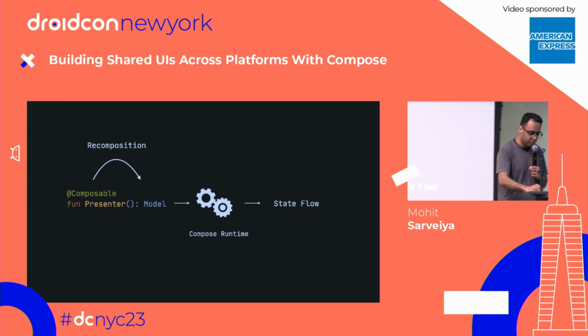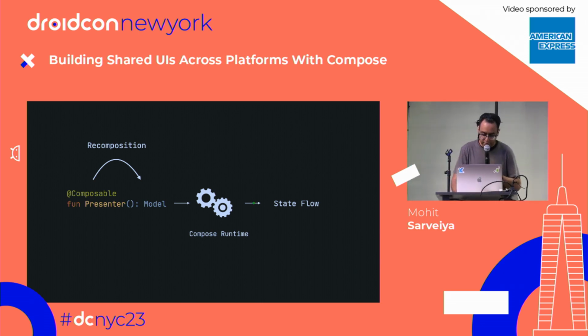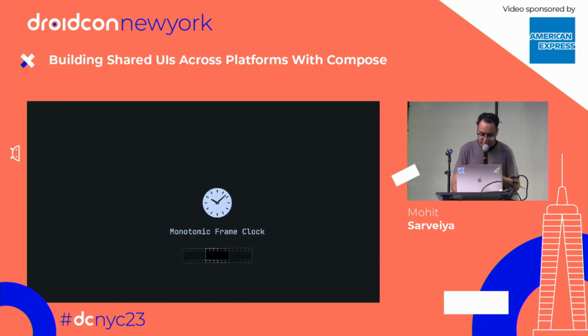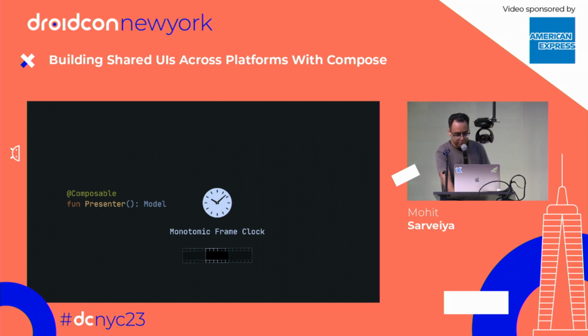So it uses something called a frame clock, which is presented by this nice icon in Keynote. Basically you give it your logic, your method, your presenter, for example a view model that returns a UI state.